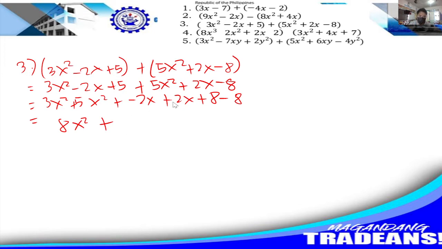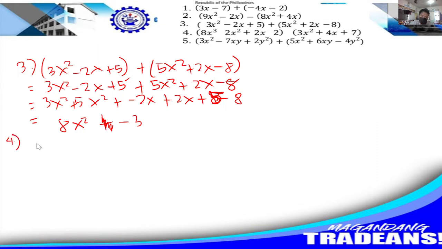Then 8, that's not 8, it's 5, sorry for that. 5 minus 8: where does the 5 come from? This one, and the 8, this one. So 5 minus 8 is negative 3. You paid 5 but you owe 8, so you are short by 3, and short is negative, minus 3. So the answer here is positive 8x squared minus 3. Again, 5 points for the correct one, 2 points for the incorrect one.